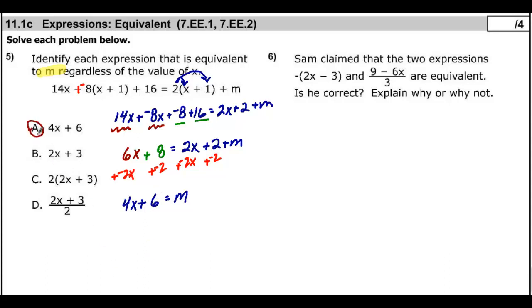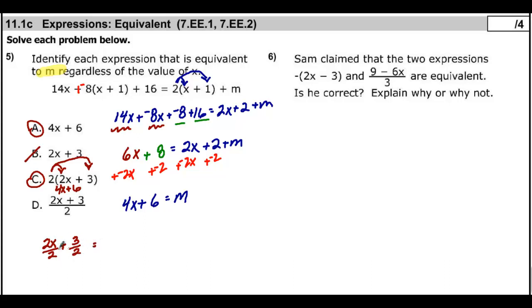So immediately we can see A works. A is 4x plus 6. B does not work. C, when you distribute 2 times 2x, you get 4x. And 2 times 3, you get 6. So that works. And D, when you distribute, you get 2x divided by 2 plus 3 divided by 2.